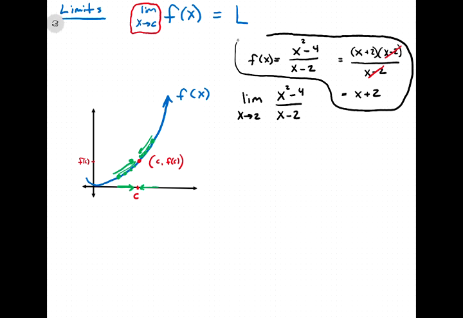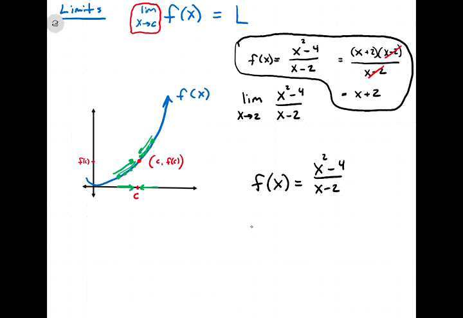But this function that we started with, f of x, is not equal to the function x plus 2. It's almost equal to it. If we look at these two functions, f of x equals x squared minus 4 over x minus 2, and that's simplified to x plus 2.